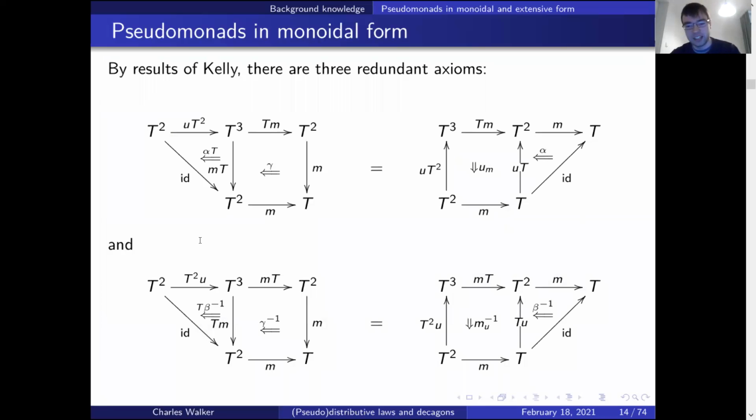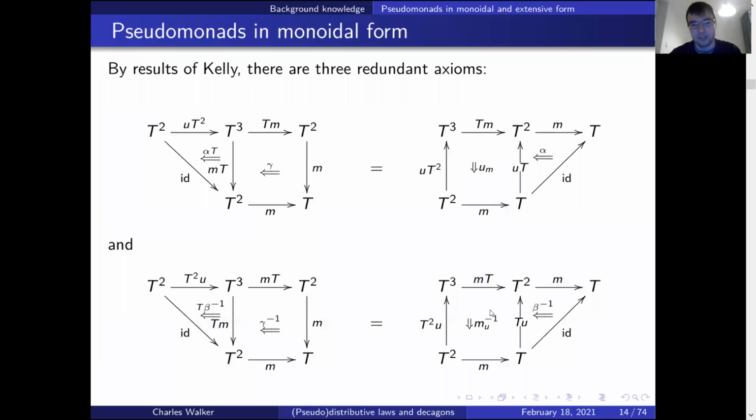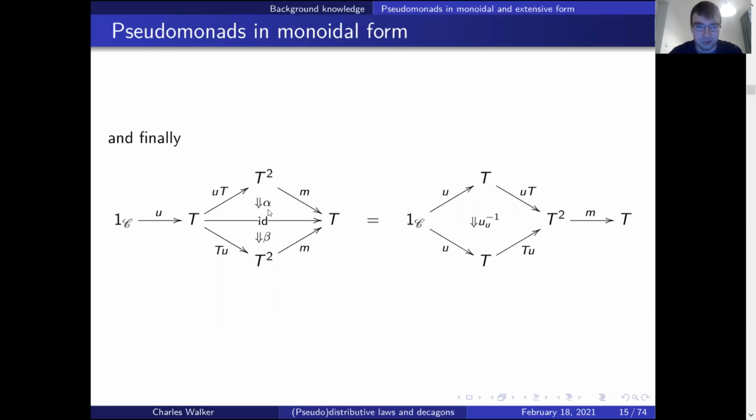Now it was shown by Kelly that if you have these two axioms, then we get three redundant axioms that will follow from this. So we have an axiom involving just the same unit, the dual thing here, and there's also this really simple axiom just involving the two different units.